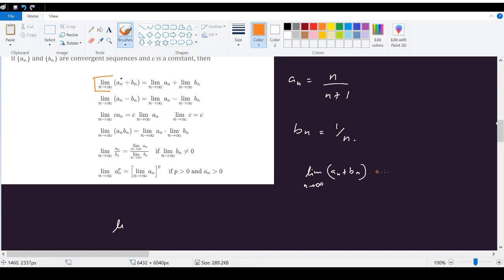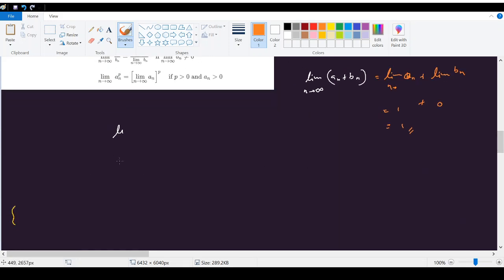So the limit of this addition becomes the addition of the limits of two separate sequences, right? The answer for this one is equal to 1 and the answer for this one is equal to 0. We calculated both these limits in the previous video. So the total limit of this addition of sequences will be equal to 1.